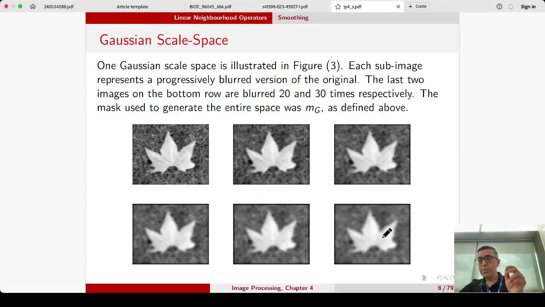And so we're going to look at that a bit more in the context of chapter 5, and we're also going to look at it in practical use in the chapter on registration, chapter 7, because the Gaussian scale space is used in both of those contexts.